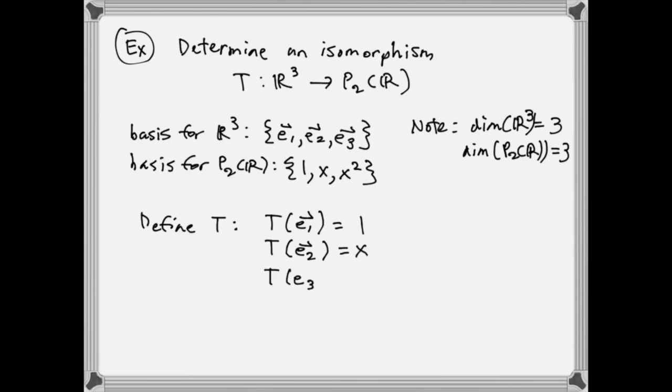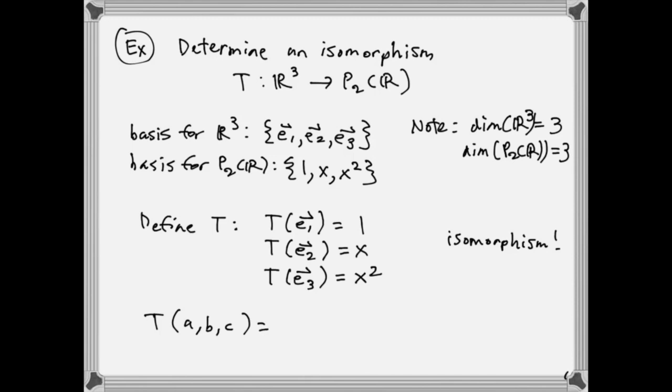And T of E3 is equal to x squared. So this is an isomorphism. So what would T of a generic (a, b, c) be?